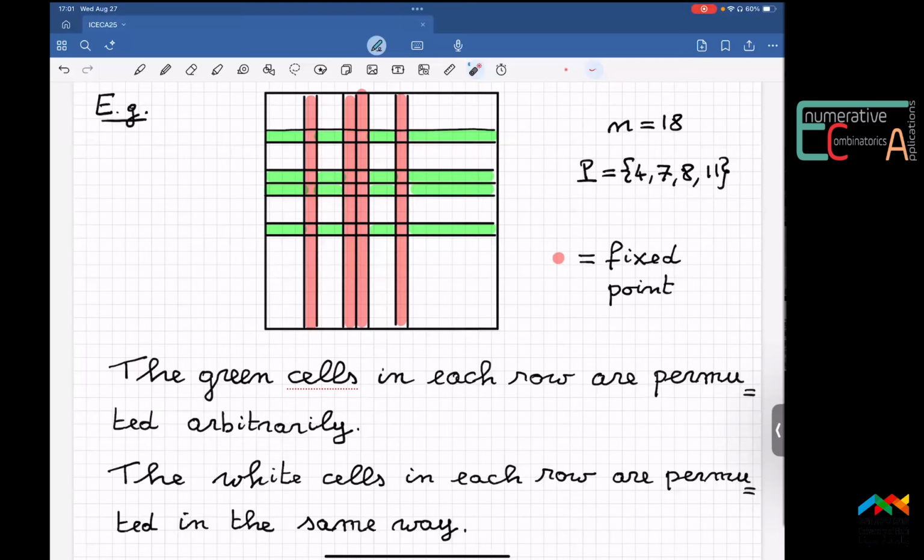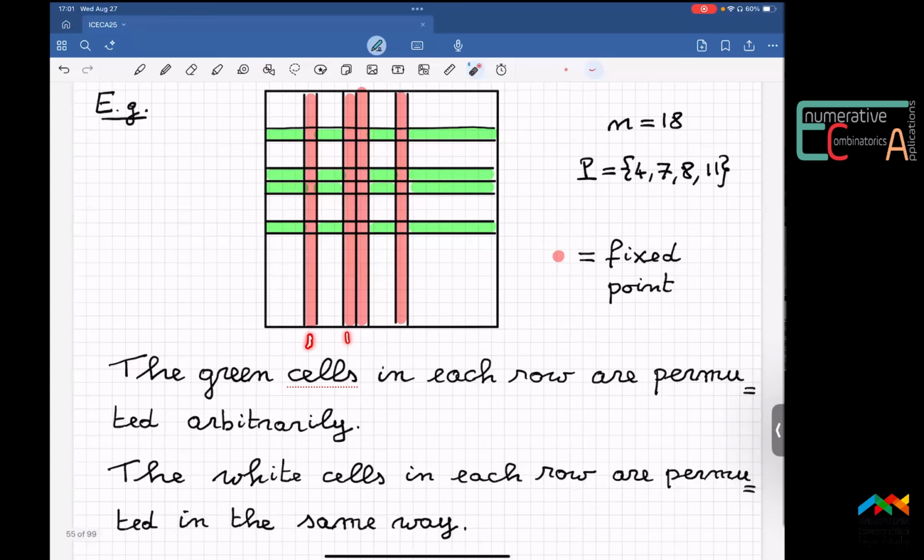A permutation is part of this subgroup if and only if what? Well, on columns indexed by 4, 7, 8, and 11, the permutation does nothing at all. It does not move these columns. They're all fixed points.